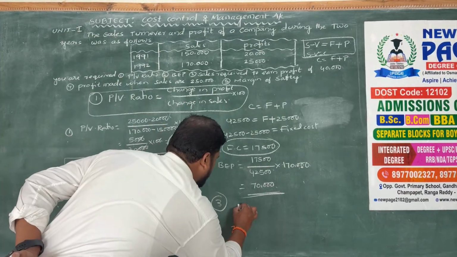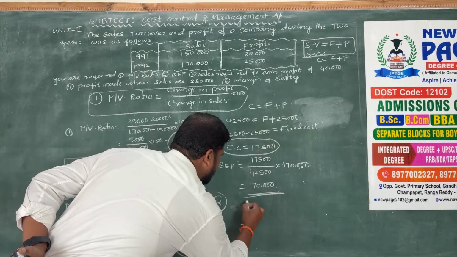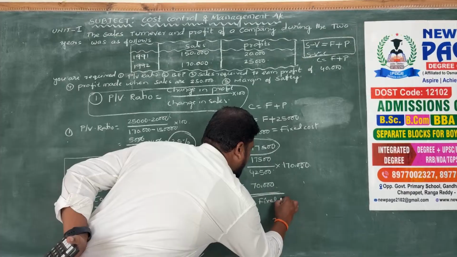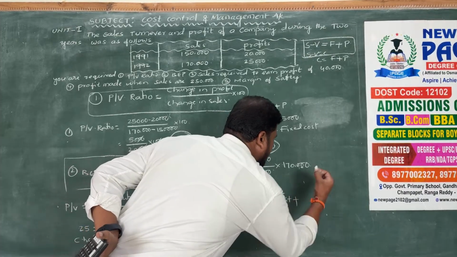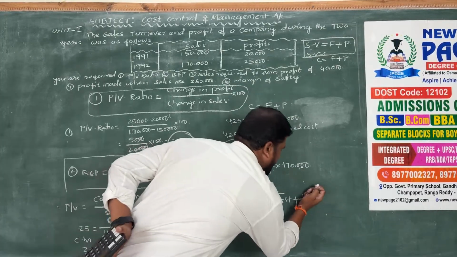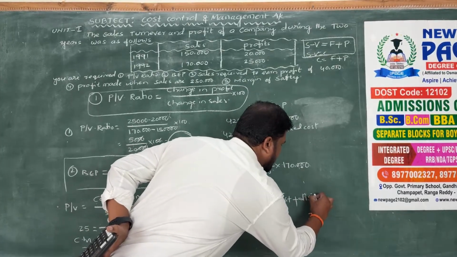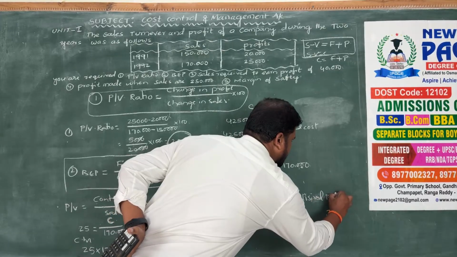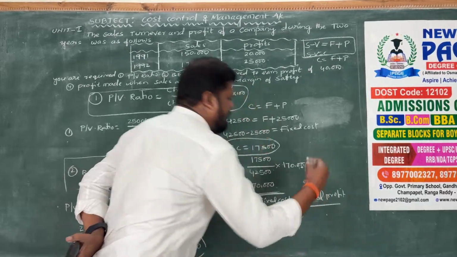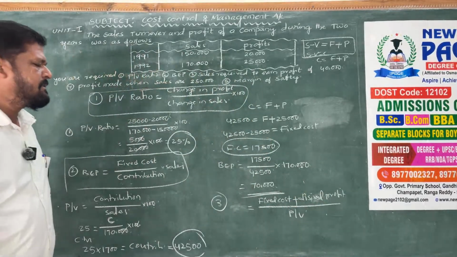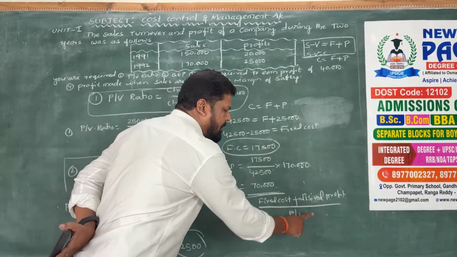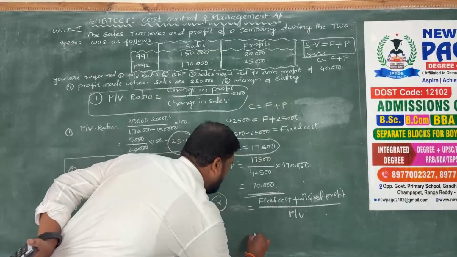So sales requirement is equal to fixed cost plus desired profit, divided by PV ratio. Right? So sales requirement is equal to fixed cost plus desired profit divided by PV ratio.